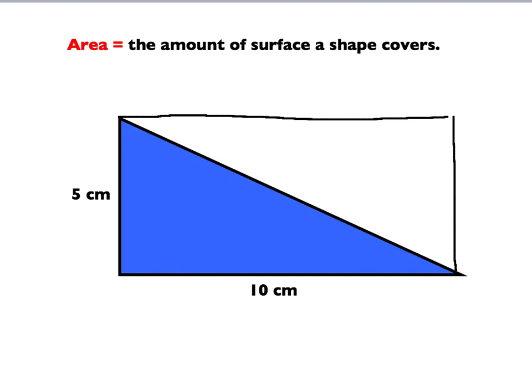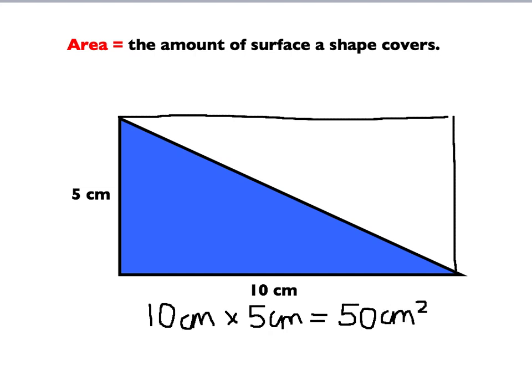Just like before, we're going to multiply the length and the width. So we're going to multiply our 10 centimetres by our 5 centimetres to give us an area of 50 centimetres squared.